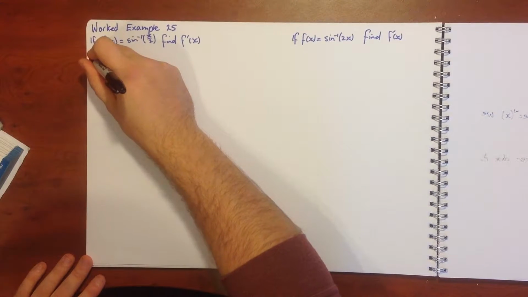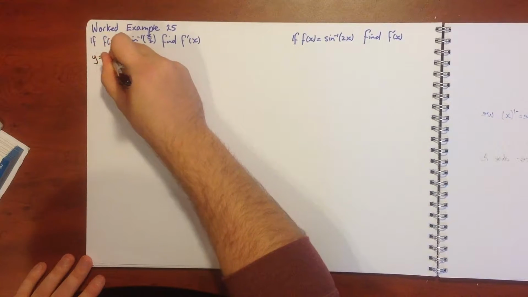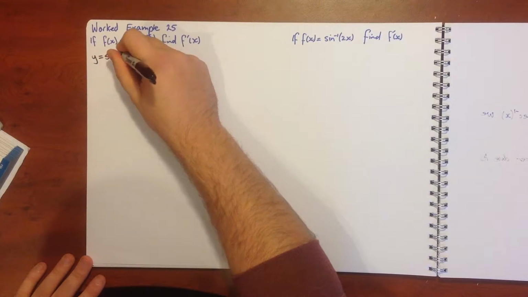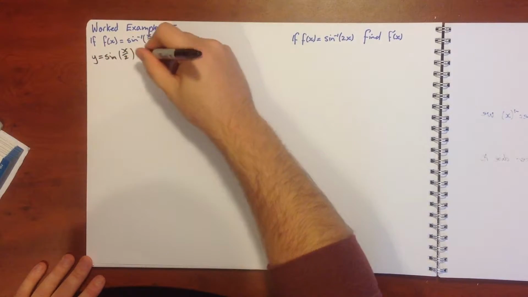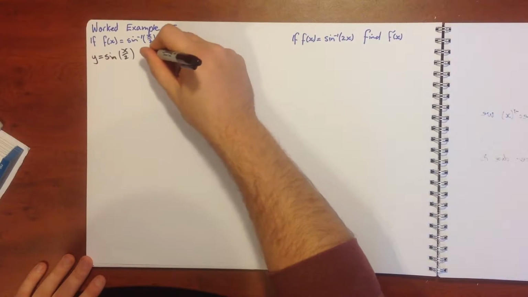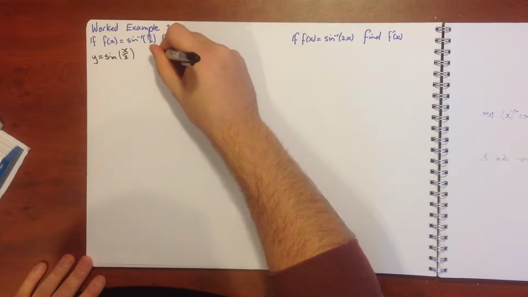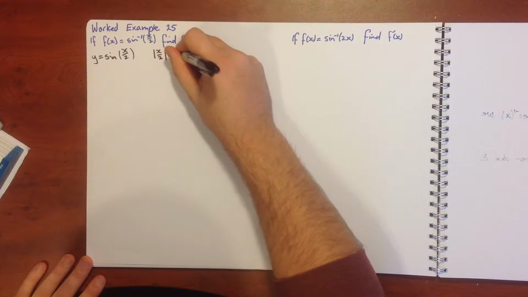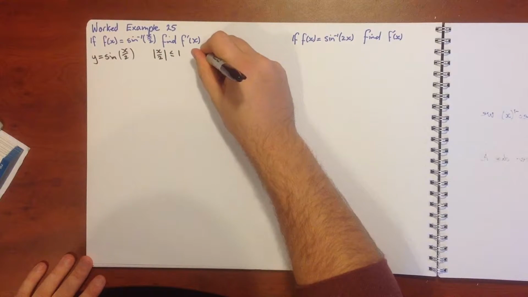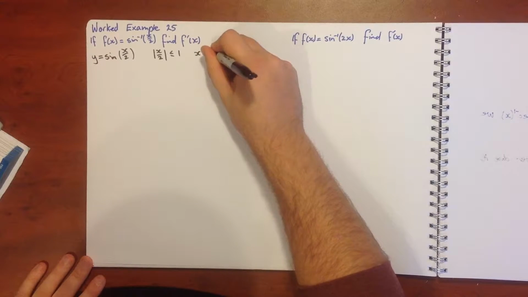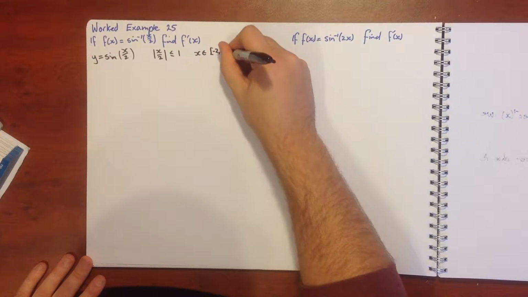But for y equals inverse sine of x on 2, we can say it's defined for the modulus of x on 2 is less than or equal to 1. So that means that x is an element of minus 2 to 2.